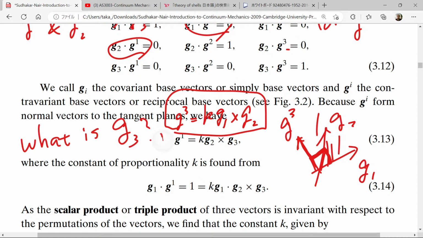So this holds, we accept this also holds, where the constant of proportionality k is found from this.